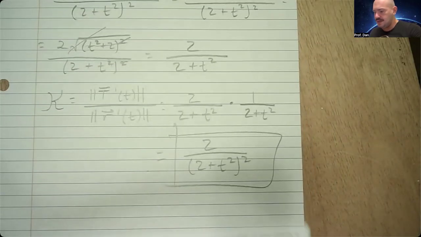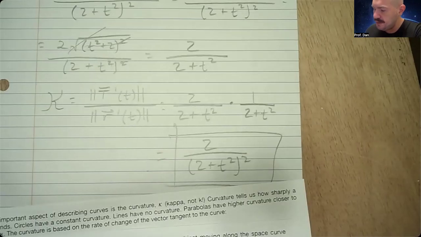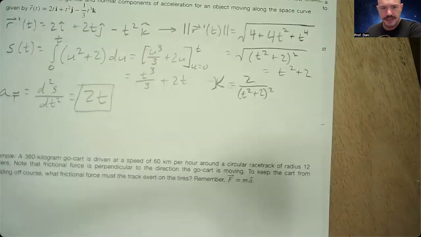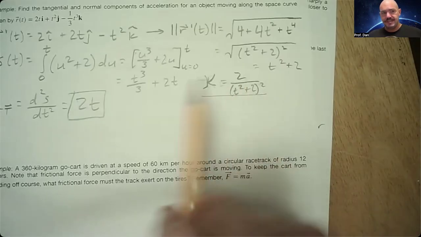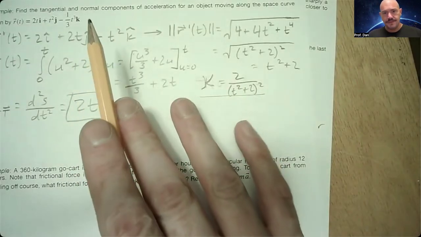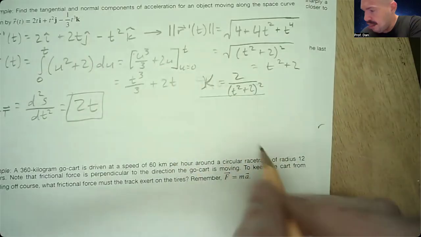So that was 2 over t squared plus 2, squared. Yep, we got this from the last example. We just pulled it because it's the exact same function, right?